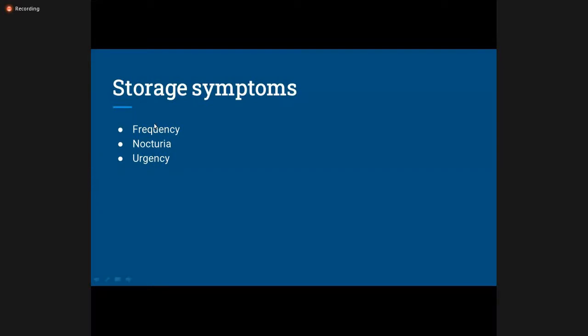And what is the definition of frequency? If you have to go to the washroom in less than 2 hours, then somebody is having high frequency. If it is more than 2 hours, then we'll call it normal, not frequent.